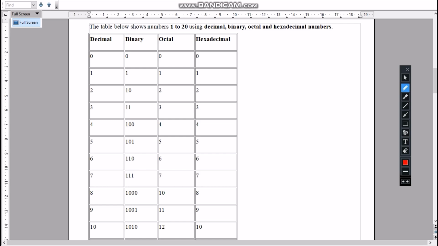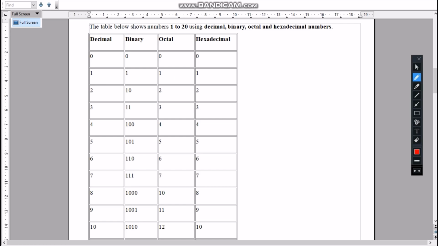Now the next number in decimal is 1, its binary equivalent is also 1, its octal equivalent is once again 1 and its hexadecimal equivalent is also 1.